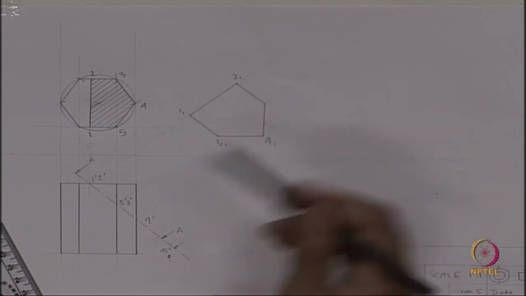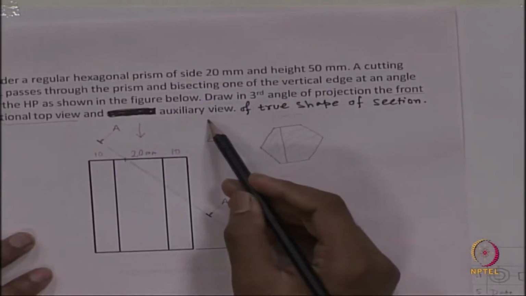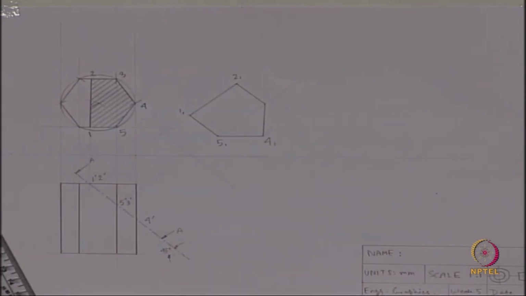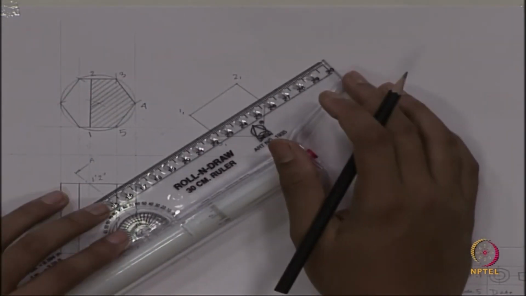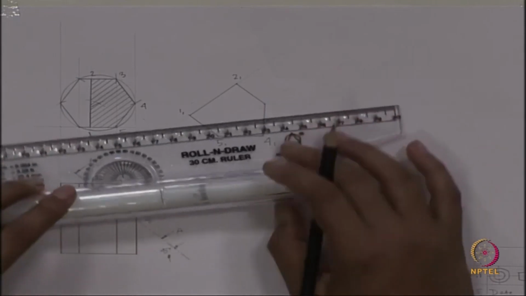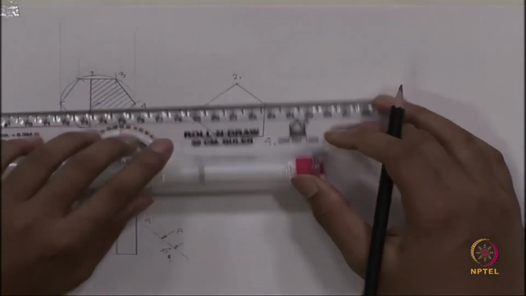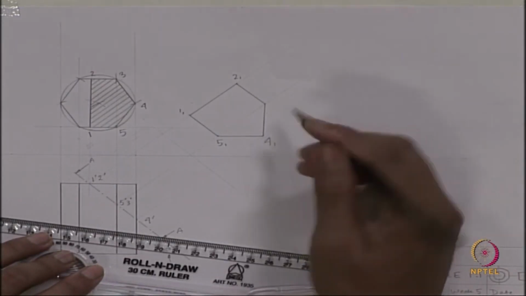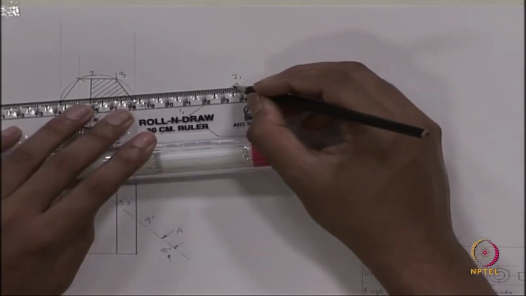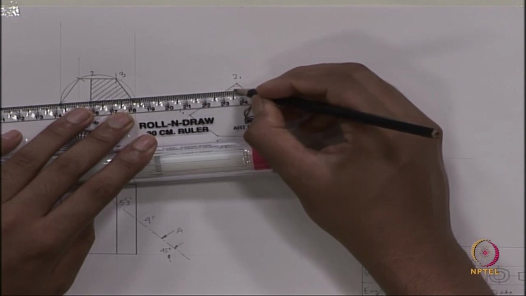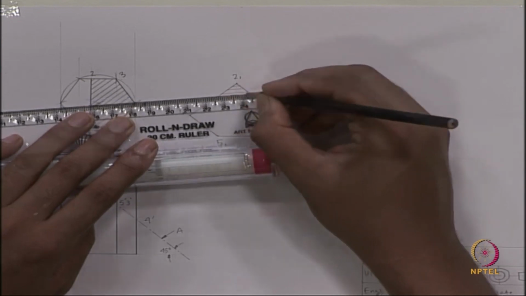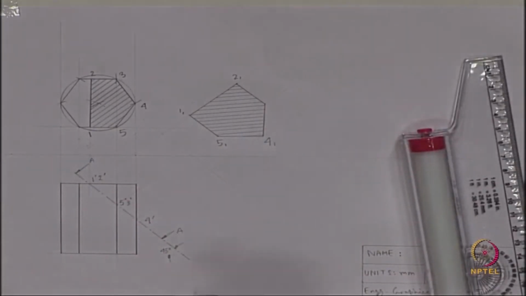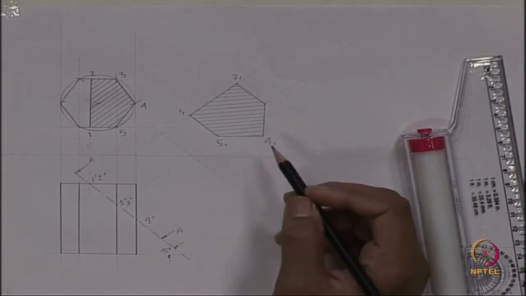In the auxiliary view also, as we have been asked to show the auxiliary view of true shape of section, we have to show the section in auxiliary view also, and we will show the section in such a way that the actual section line should not be parallel with each of the outline. It should not be parallel. We have drawn the sectioning even for auxiliary view also.